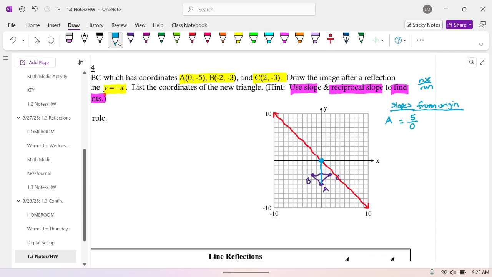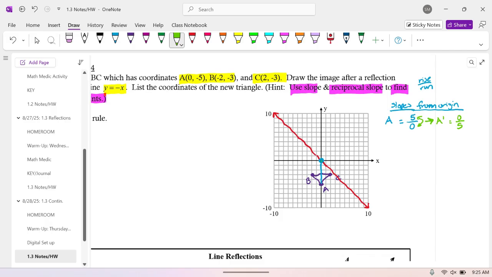So that means if I had the reciprocal slope, this would make my A prime. So what would the reciprocal slope be? So 5 over 0 is our original slope. So what's the reciprocal slope? First off, what does it mean? 0 over 5. So remember, reciprocal just means flip them. All right.